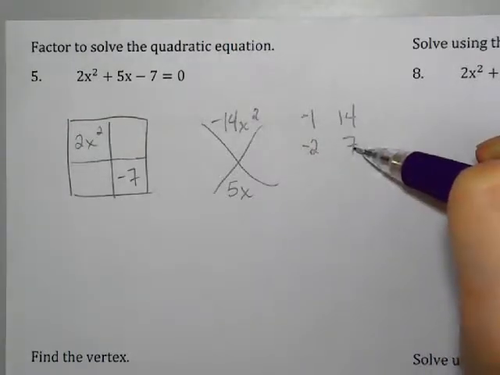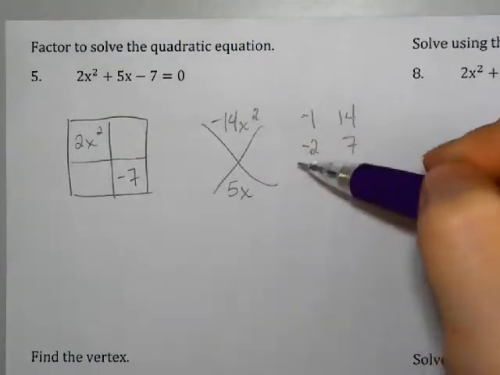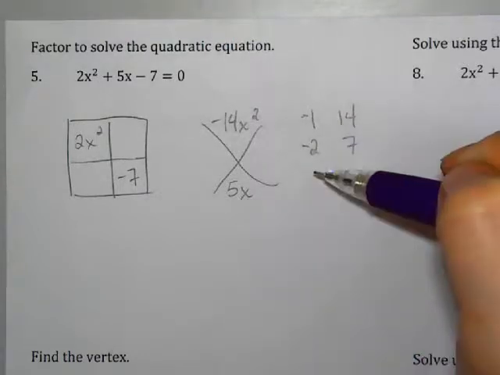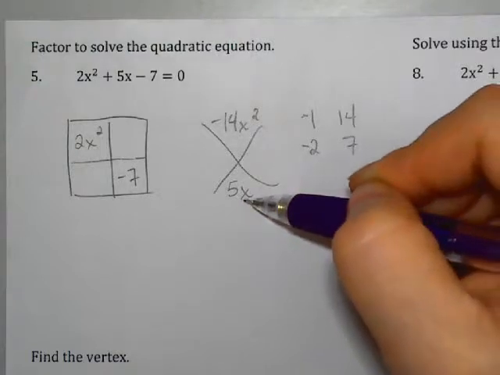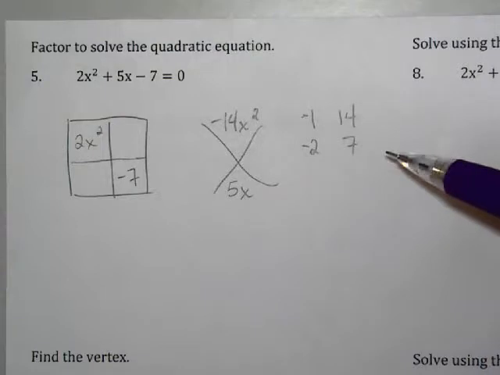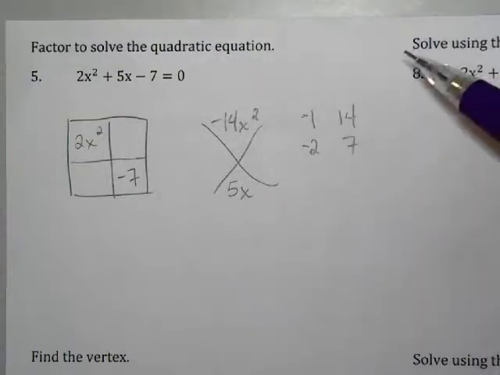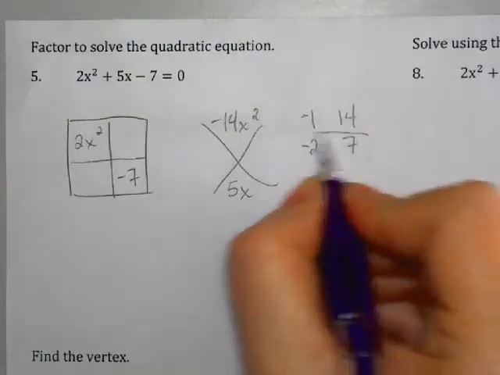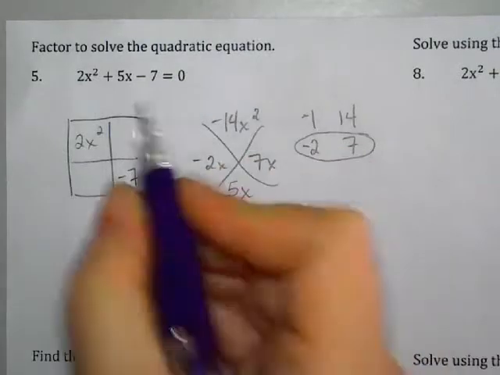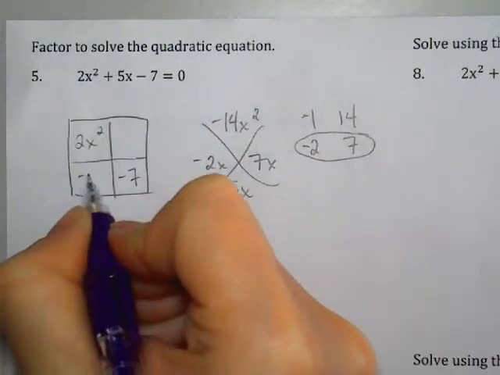If the bottom number is positive, the smaller factor has to be negative. If the bottom number is negative, then it's the larger factor that's going to be negative. So which pair of these adds up to 5? Yeah, 7 and negative 2. And we put those in the empty boxes.